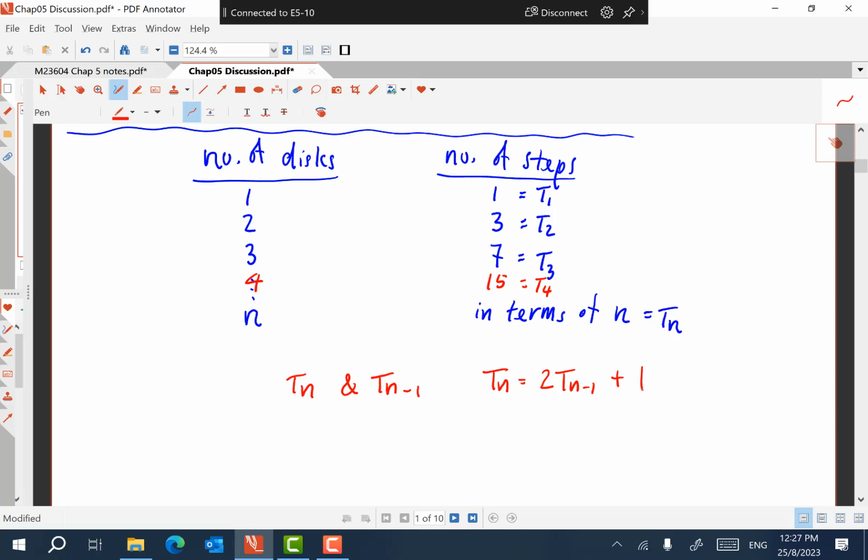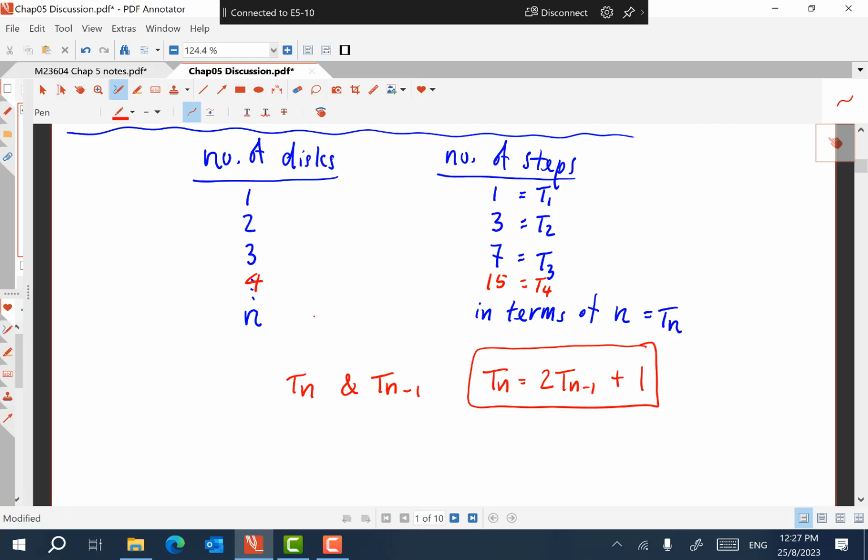If you look at this game, can you give a qualitative explanation why it ought to be like this? Why should the next iteration be twice the earlier one and then plus 1?